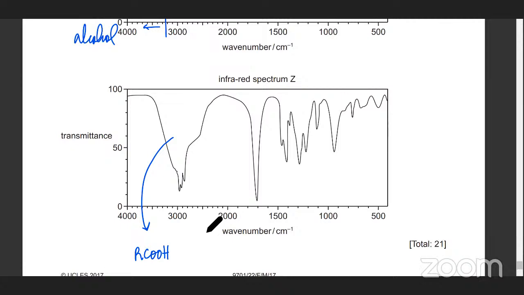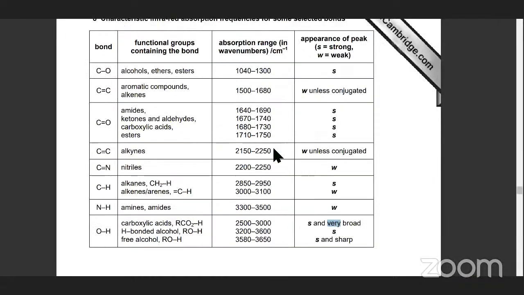And that leaves you, and always remember, this is going to be a C double bond O, because it has a very unique absorption and is very easily identifiable. Around 1700, you have a very, very strong absorption.